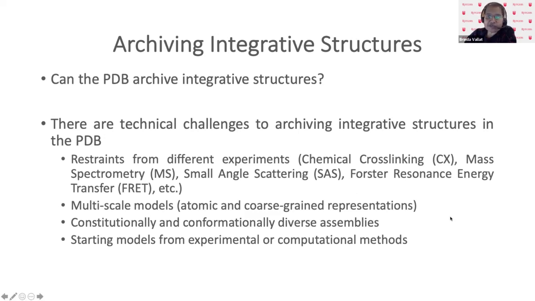Integrative models can also be multi-state ensembles comprising constitutionally and conformationally diverse assemblies, and they can use starting structural models that come from experimental or computational methods. Due to these reasons, the current PDB infrastructure is unable to handle integrative structures.